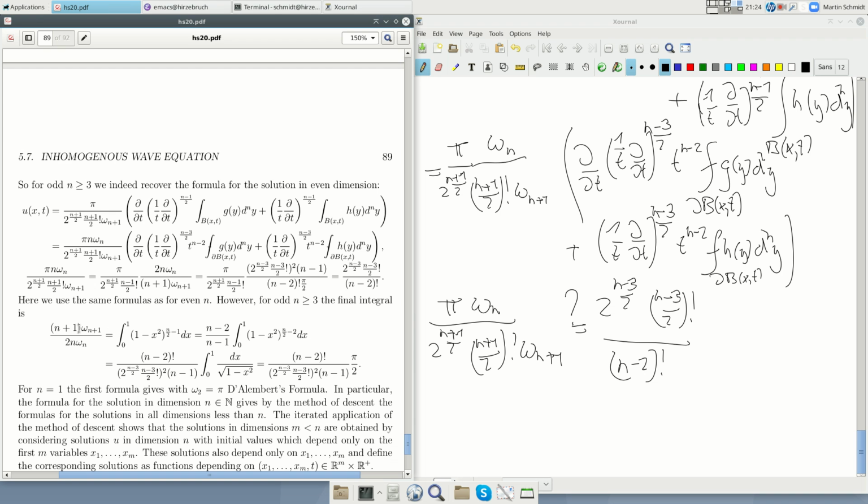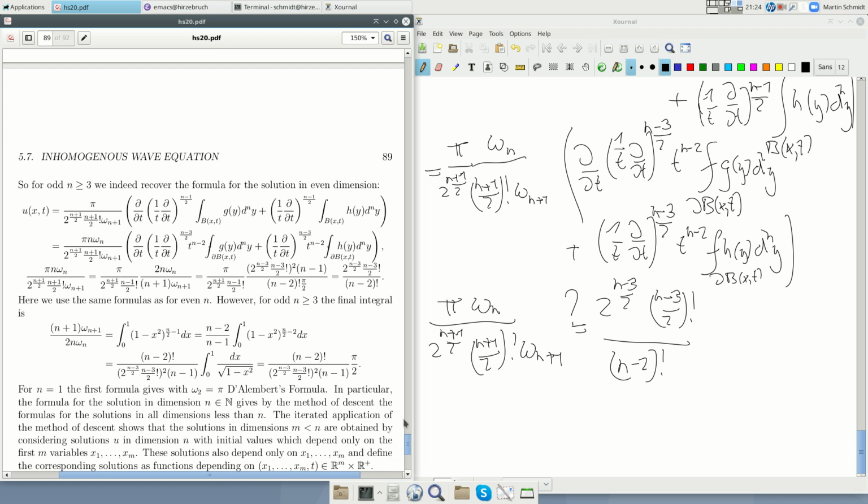In order to calculate this, we again use the same formulas as we had before, but now for numbers m which are half integers. Then we have this formula again.